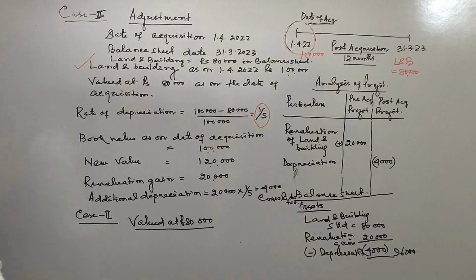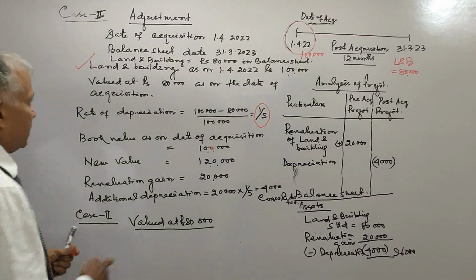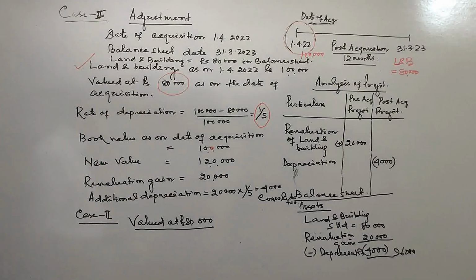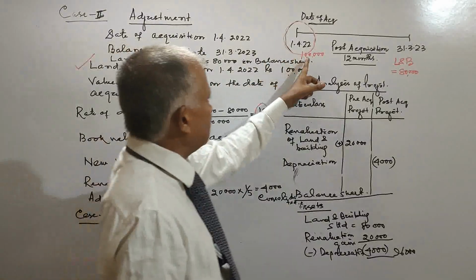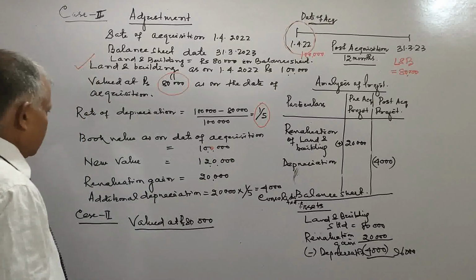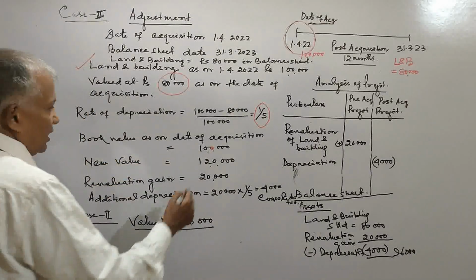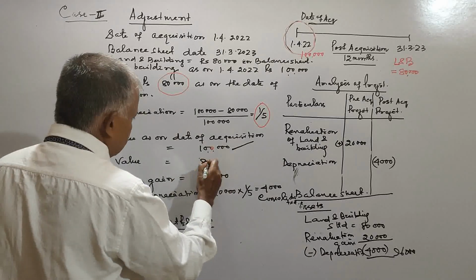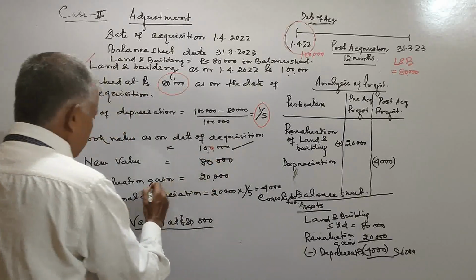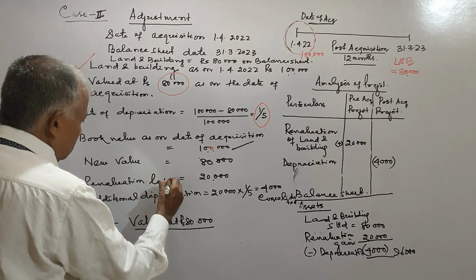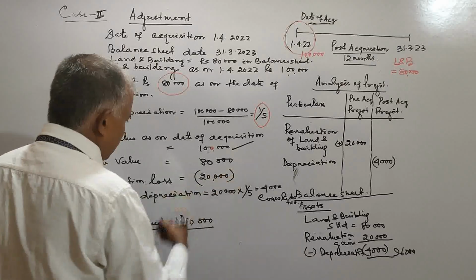I have just changed the new value. It was 1,20,000, now it is 80,000. So the rate of depreciation remains unchanged, 1 lakh minus 80,000, 1/5. Book value as on the date of acquisition is 1 lakh. New value is 80,000. So revaluation loss, this is your 20,000.